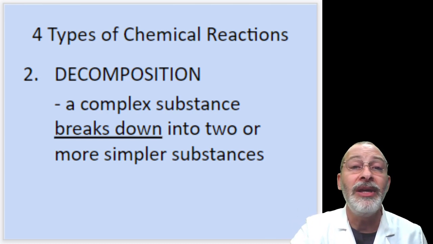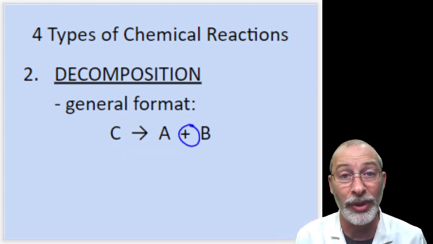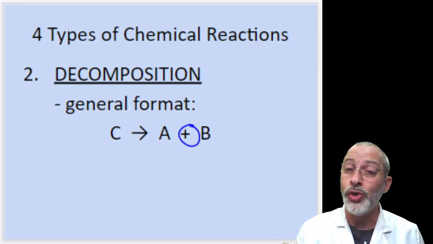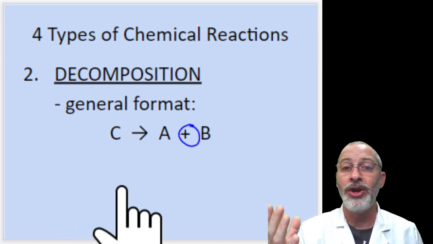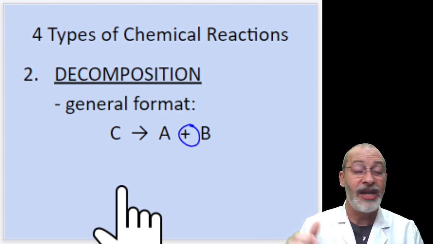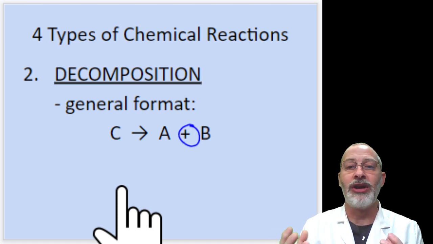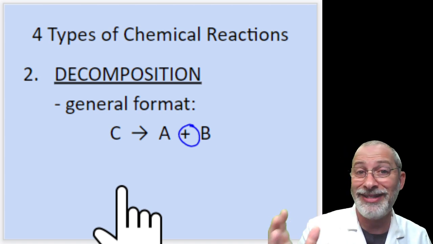So let me give you a general format of a decomposition reaction. Again, using variables here in chemistry, we're starting off with C. What is C? No, it's not carbon. It is a complex substance because it's a general format. And this complex substance is the reactant.